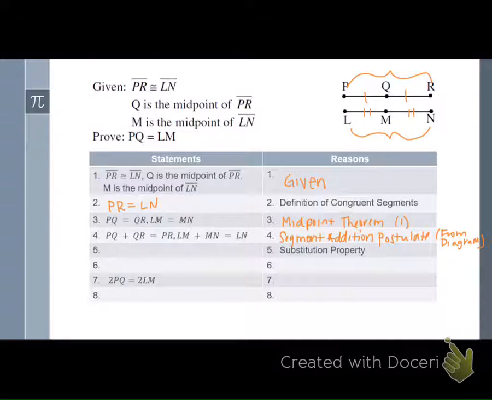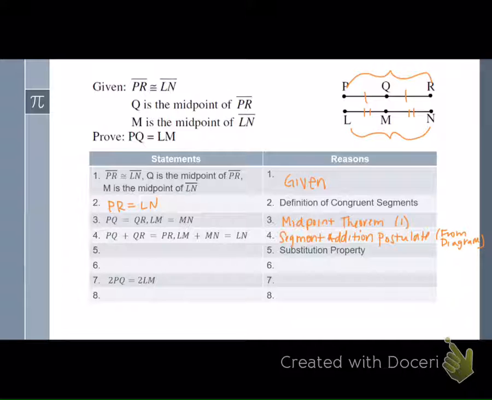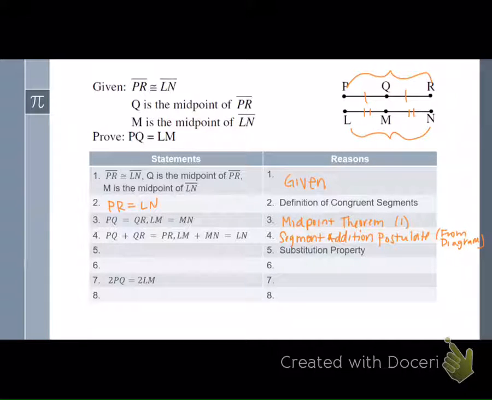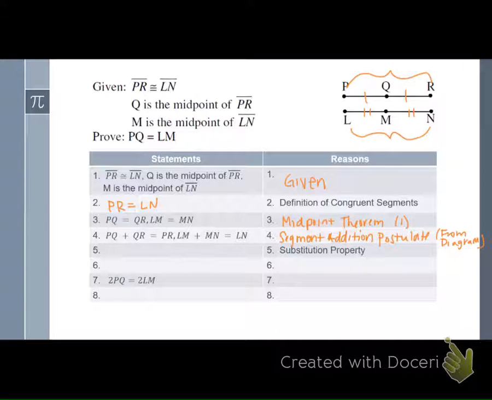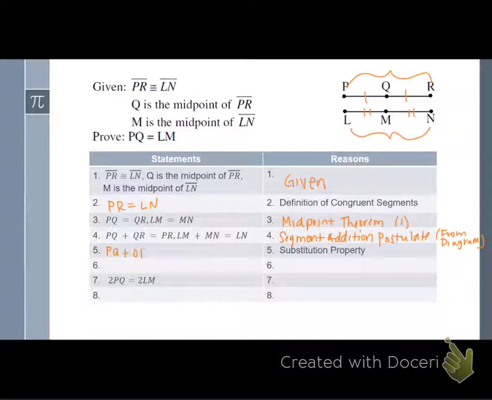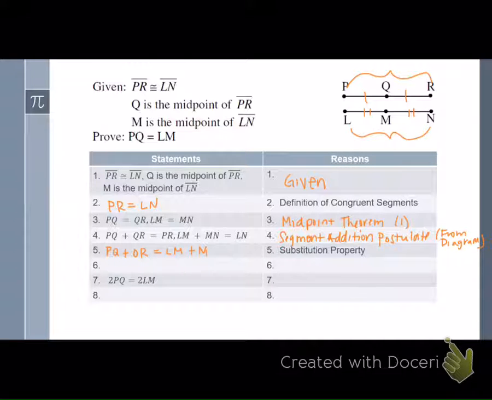Well, don't we know that LN and PR are the same? Don't we know that these two pieces are the same? I know, class is almost over. I'm aware. So if two things are the same, we can set them equal to each other. That's substitution. So we're saying PQ plus QR is equal to LM plus MN, because PR and LN are the same. So we just used 2 and 4.